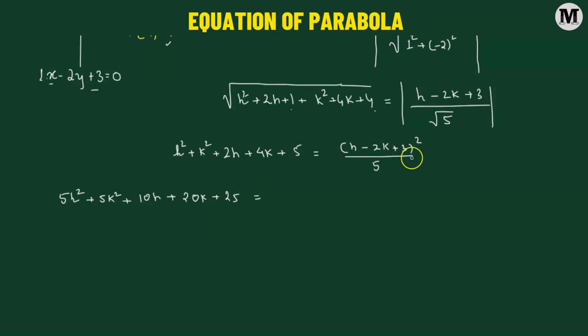This will equal, now we need to expand (h minus 2k plus 3) whole squared. That's h squared plus 4k squared plus 9 minus 4hk minus 12k plus 6h. Now we're going to combine the like terms. 5h squared minus h squared will be 4h squared.